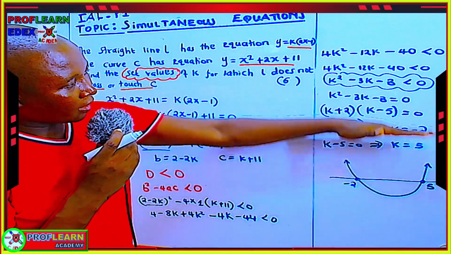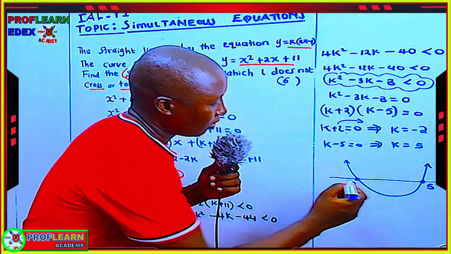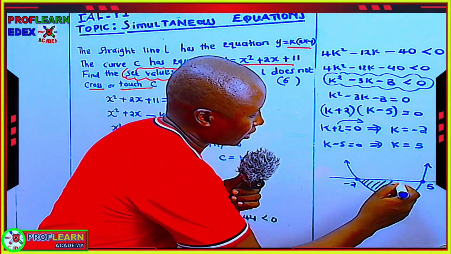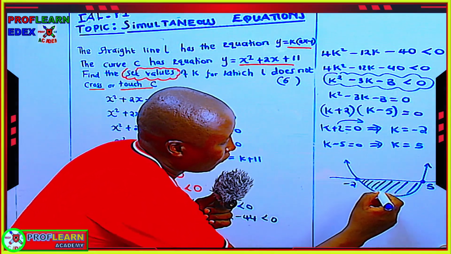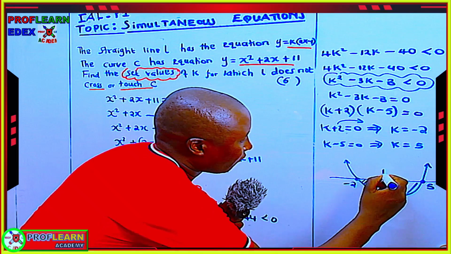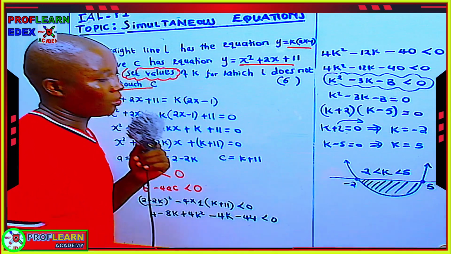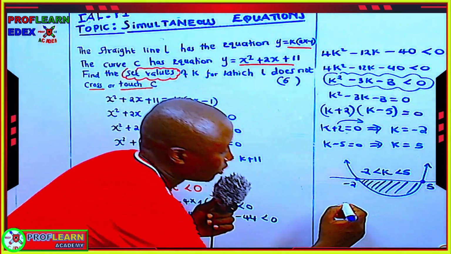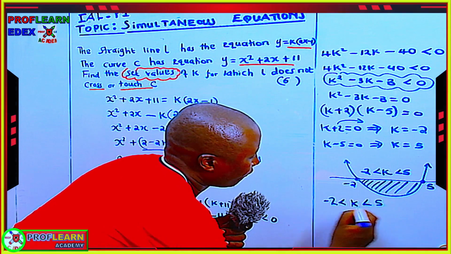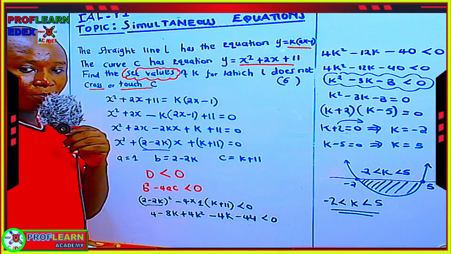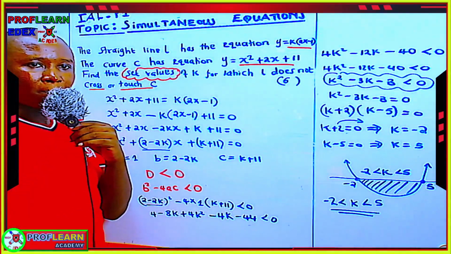Since we are talking of the graph less than 0, we are focusing on the lower part of this graph, this region that is less than 0. So the value of k that satisfies this region is k greater than negative 2 but less than 5. That's how we give our answer, and that is what you are supposed to do in order to earn the 6 marks for this A-level math question.